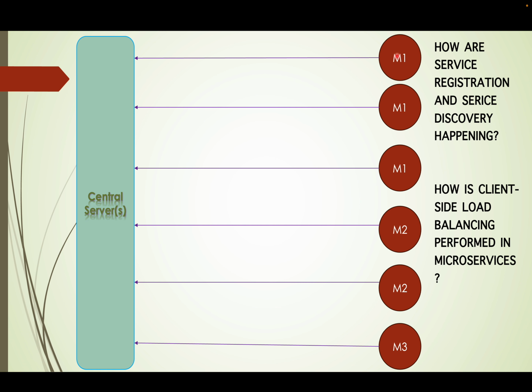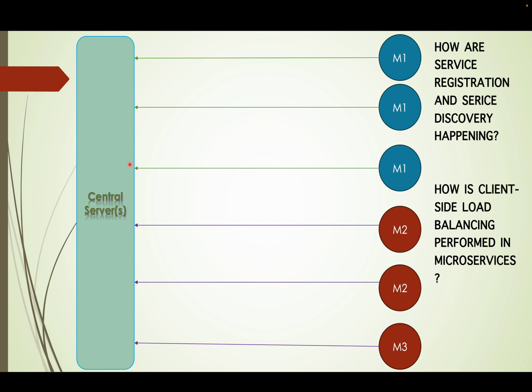Suppose I am starting my microservice M1 as 3 instances in my microservices architecture. What will happen now? These 3 instances will start, and they will have 3 different IP addresses. After the start, these 3 instances of the microservice M1 will send their IP address to the central server.